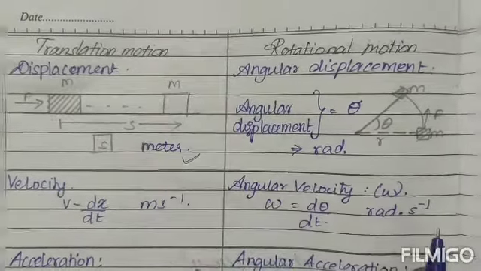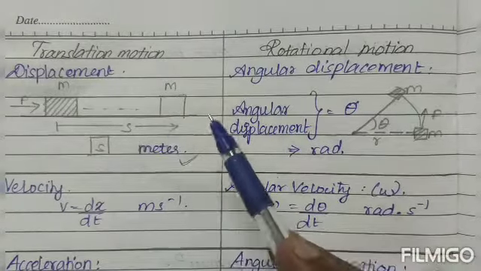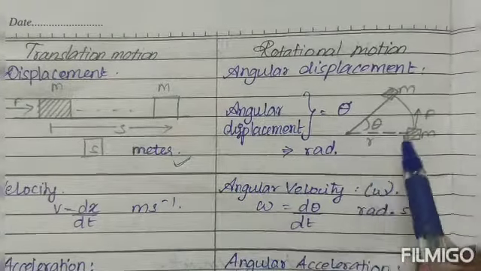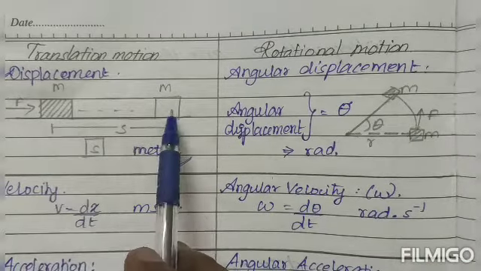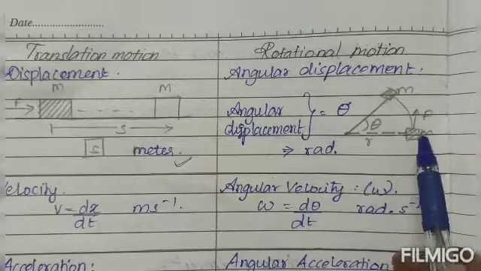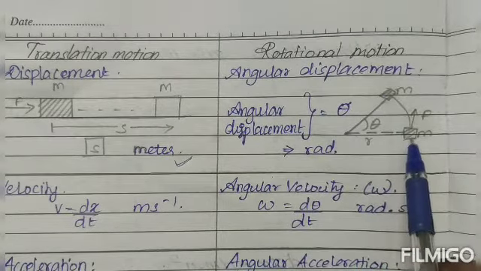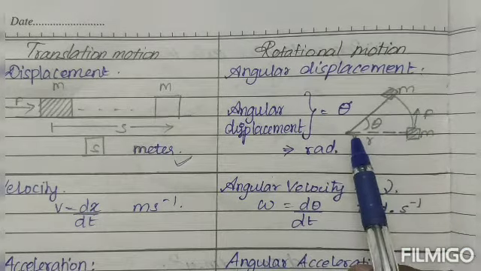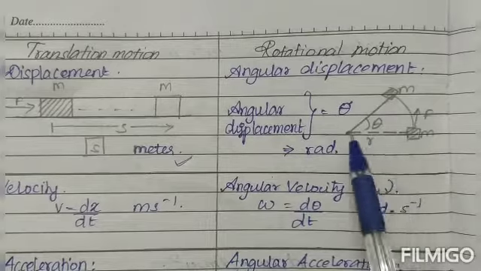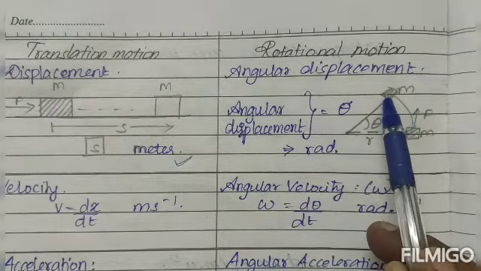The same way, suppose instead of straight line motion, the particle has an initial position here and a final position here, in a curved path, in rotational motion. There is a radius from the origin, and the particle travels in a circular path.